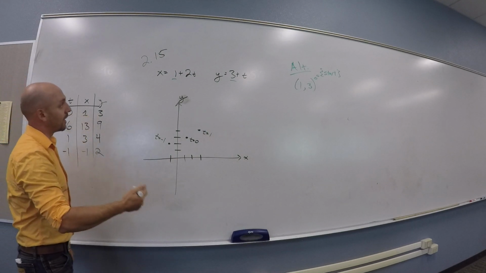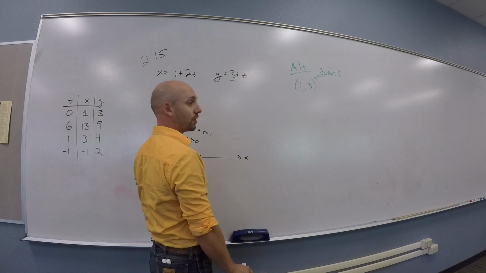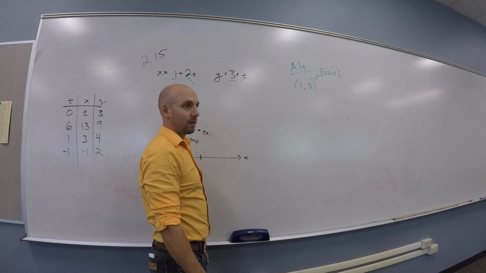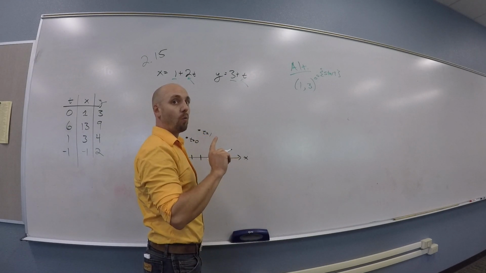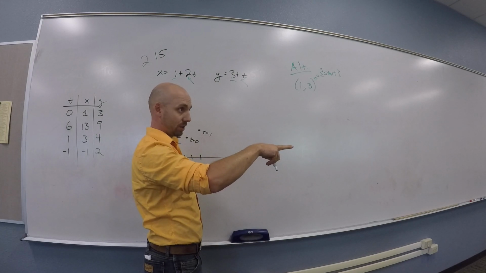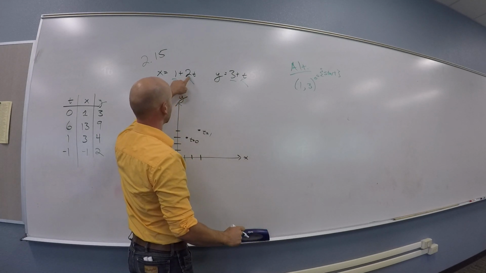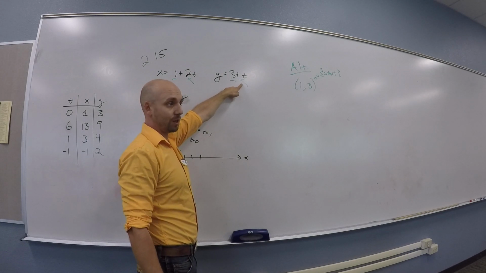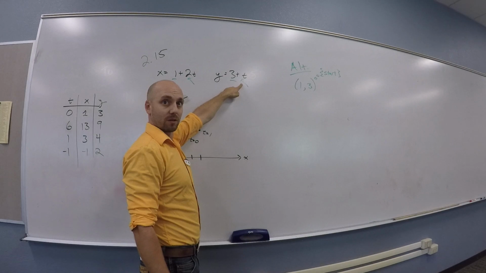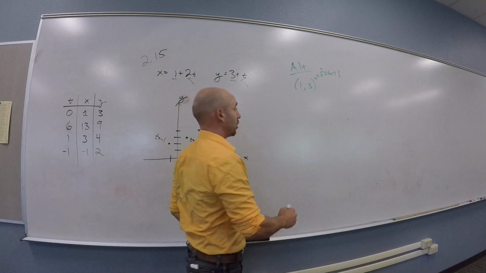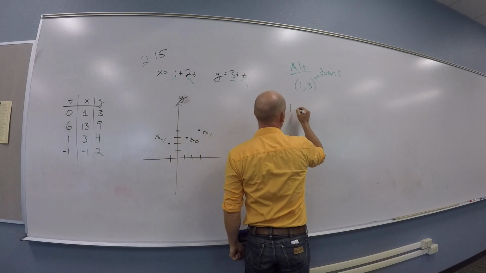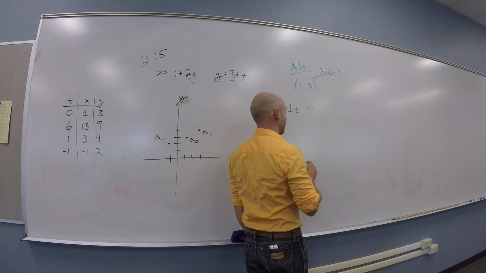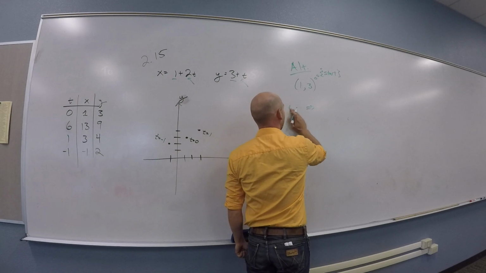And then another thing I can do is I can look at the coefficients on the t's. And I can think, okay, if I go 1 unit in time forwards, my x is going to go 2 units up, and my y is going to go 1 unit up. You guys see that? So 1 t gives you, oh wait, this is crap notation.